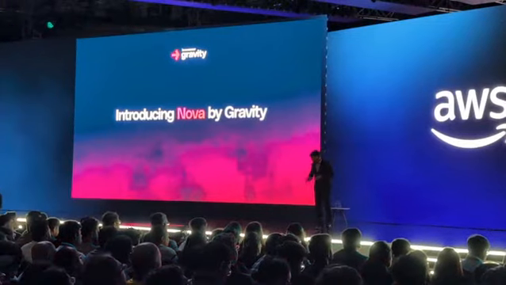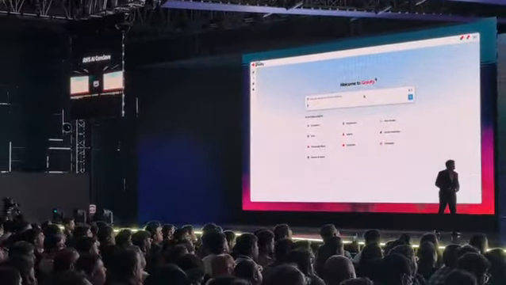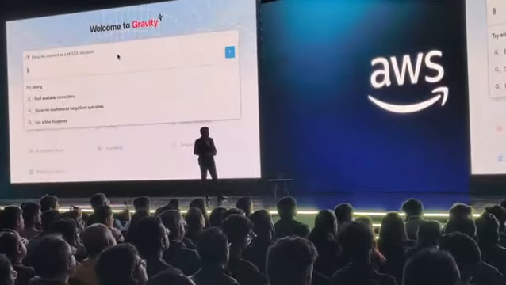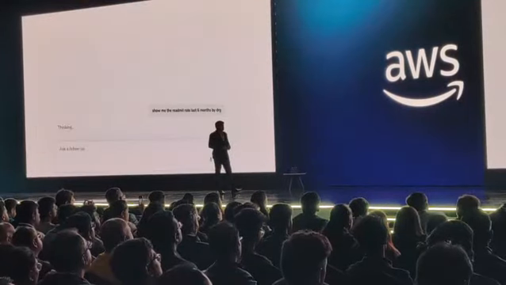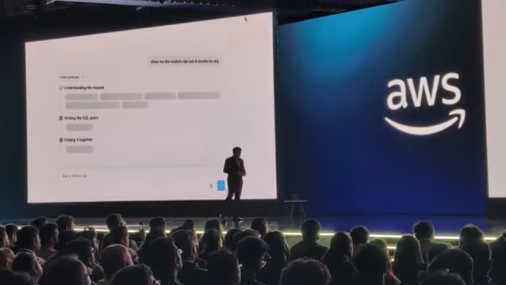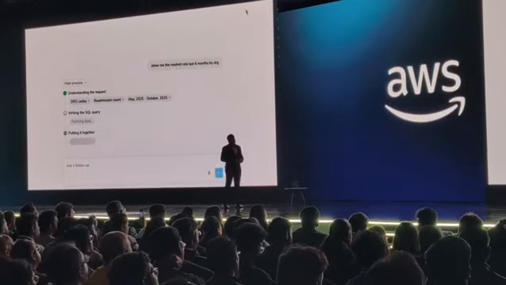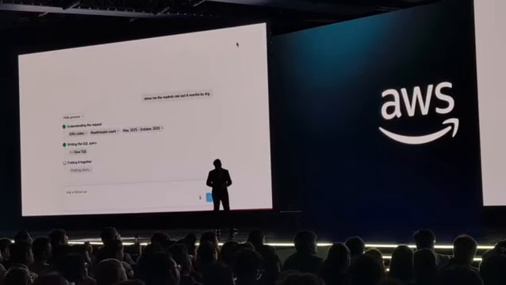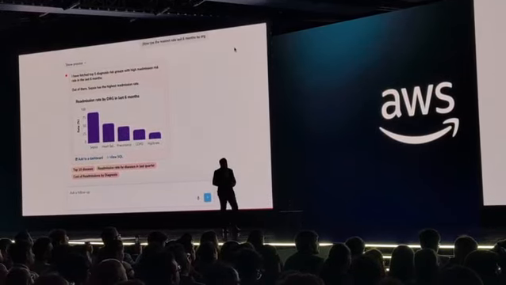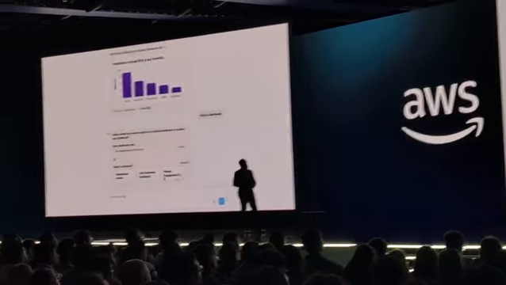Introducing Nova by Gravity, the fastest way to unlock intelligence at scale. Ask a question. Type a term like readmit rate, and Gravity Search instantly understands you mean readmission. In seconds, it connects your intent to insight. Then Nova, the BI agent, takes over, running SQL, generating charts and transforming your data into visual stories. Add the chart to a dashboard. Update it with a click.